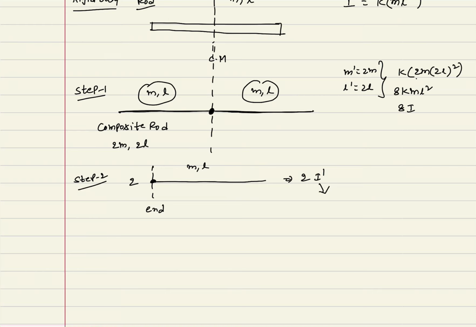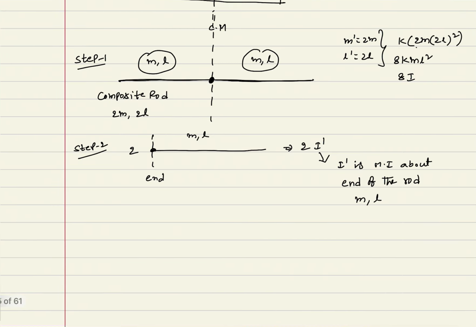What is I dash? I dash is the moment of inertia about the end of the rod having mass m, length l. If you observe, this 2 I dash and this 8 I are both equal.